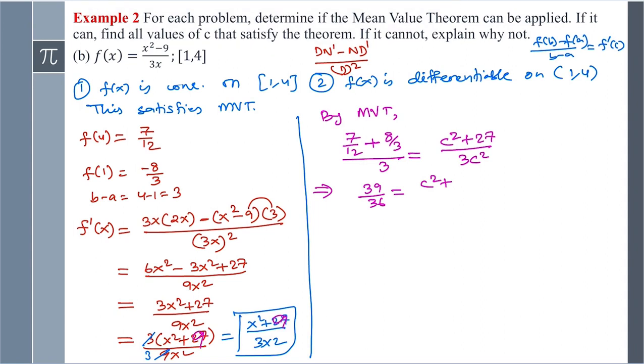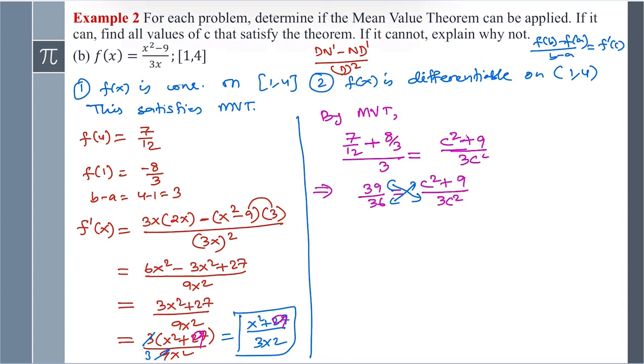So it should be c squared plus 9 over 3c squared. Now we can do cross multiplication here.